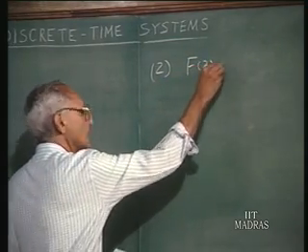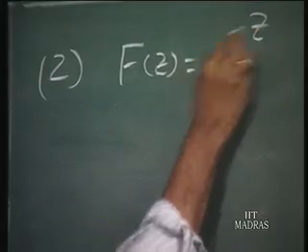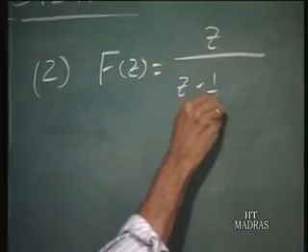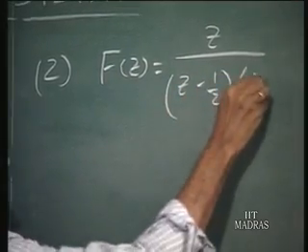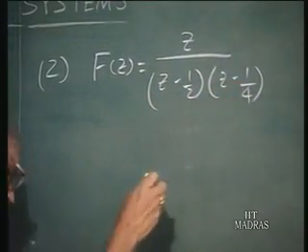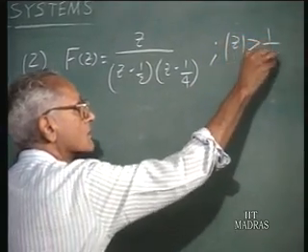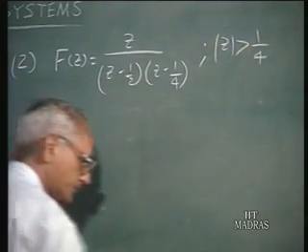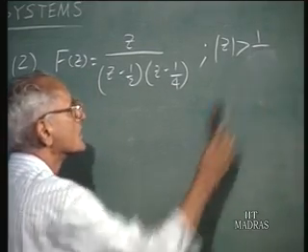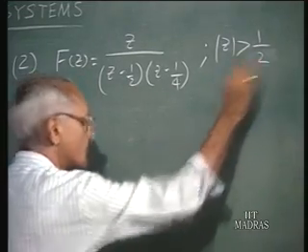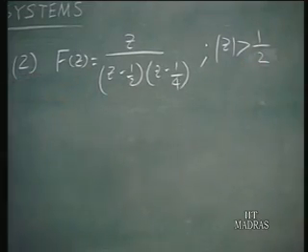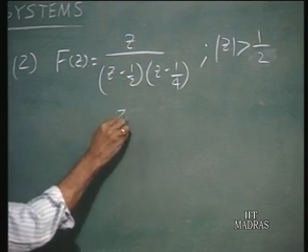F of z equals z upon z minus half times z minus quarter. So the region of convergence for this is magnitude of z greater than 1/2. Now what we do is we make the long division.